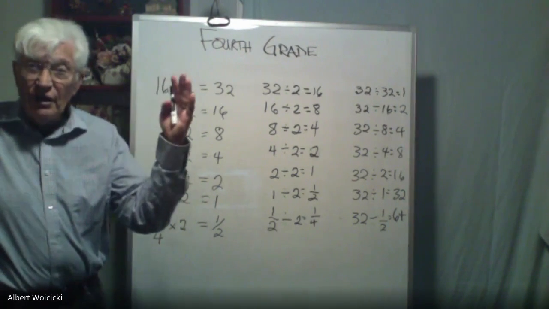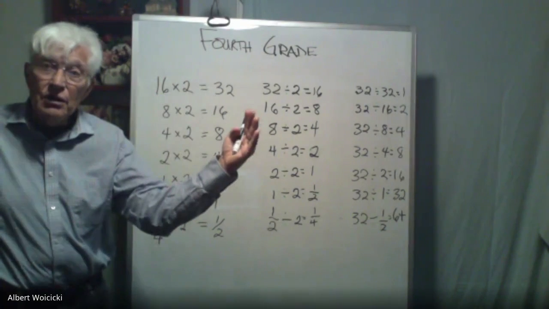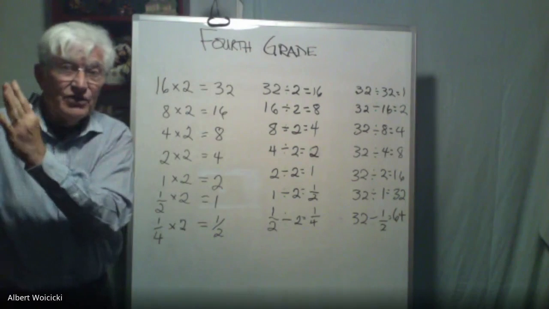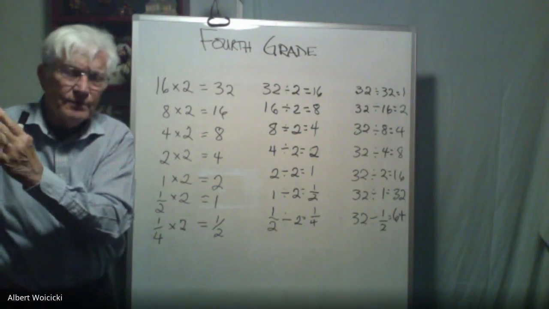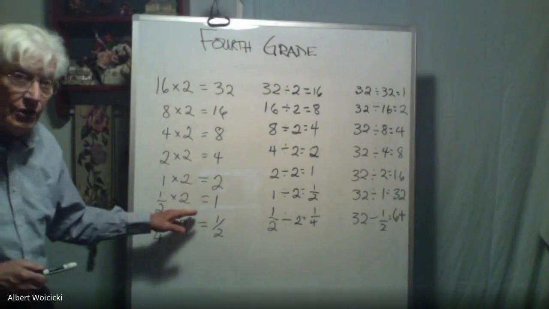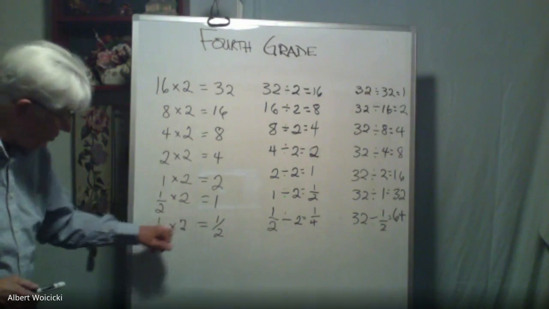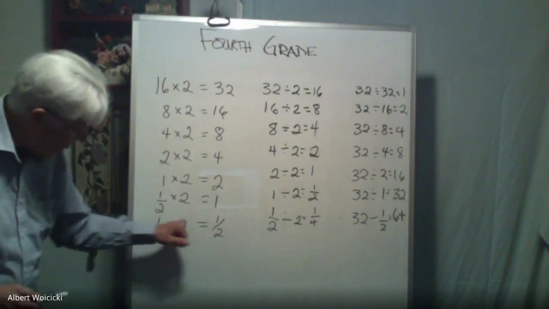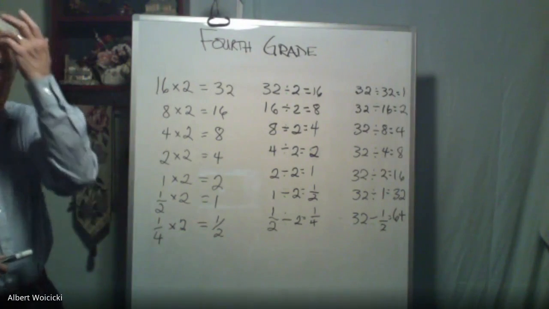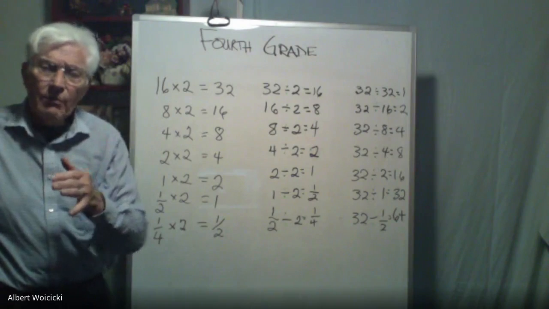If we look at the number line from 0 to 2, we've got 1, 2, and 1/4 of that is really 1/2. And we see that when we multiply the 2 with the 1/4 straight across, we get 1/2. Now, that's multiplying.